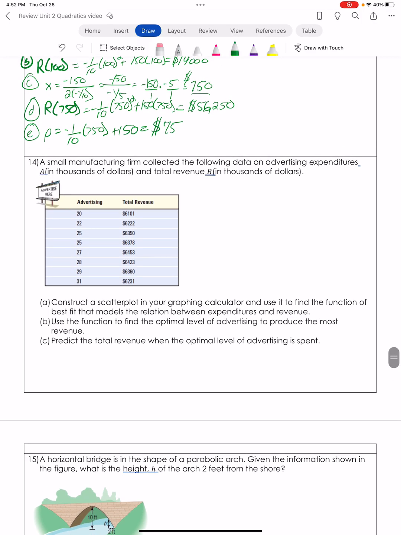Okay, number 14. It says construct a scatter plot in your graphing calculator. Use it to find the function that best fits the models that models the relationship between expenditures and revenues. Now if you don't have a calculator at home, you can get the Calc 8 app, or you can type it into your computer.